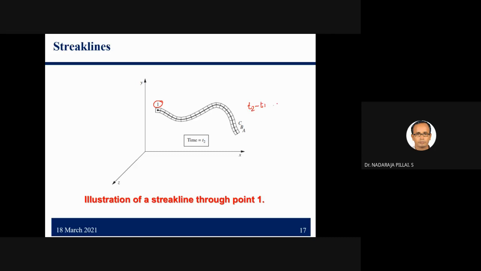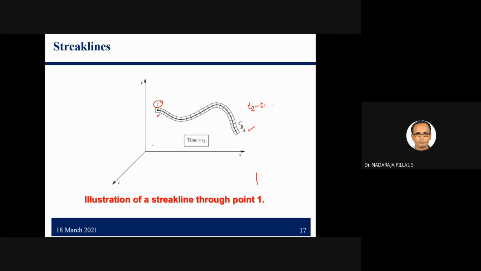So these fluid elements are connected with each other, like the ants which pass through a particular place, it takes a particular path, right? So here, consider an element A, and this element A is the fluid element that passed through the point 1 at a time t1. And element B is the next element which passed through the point 1.